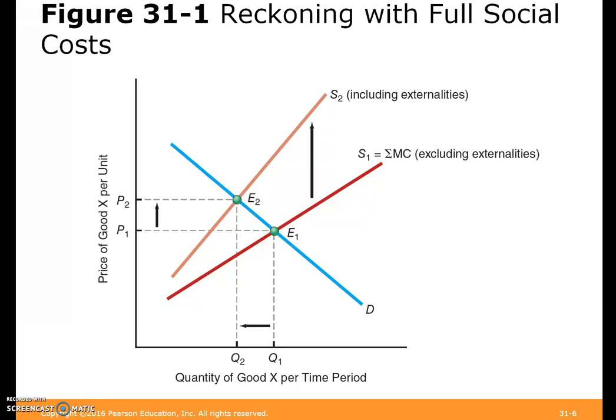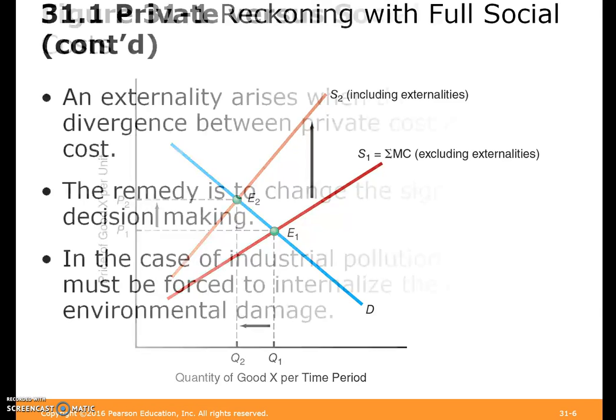So perhaps we're thinking about driving a car, but we're not thinking about pollution. And then something happens at S2 where we can take into account the pollution. So that shifts how we decide to drive, right? Then we have our supply curve shifting, and the amount of good X per time period goes down while the price rises.